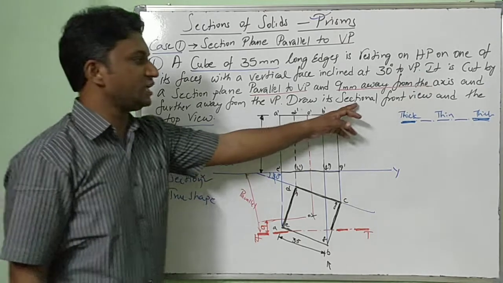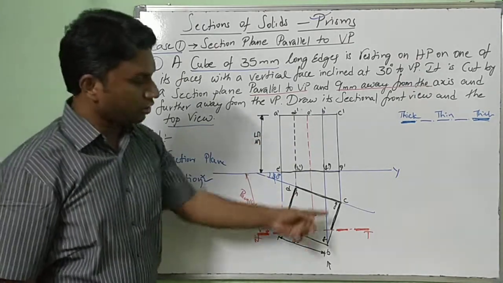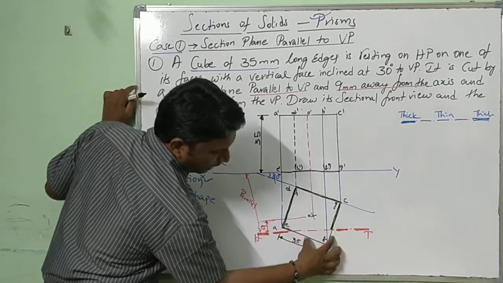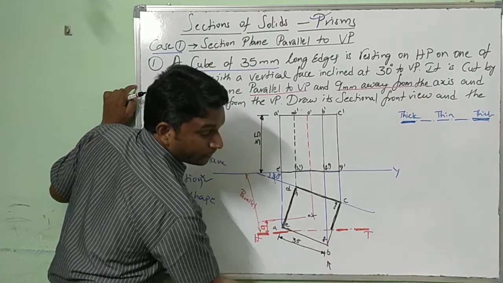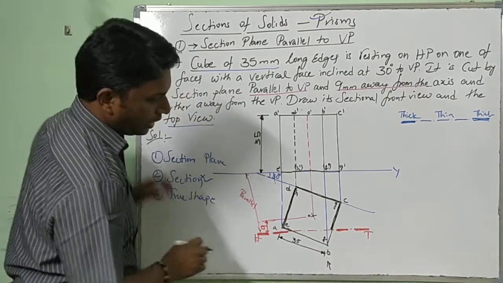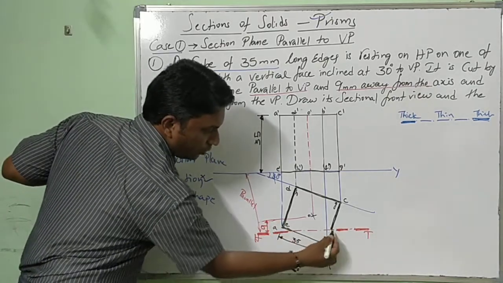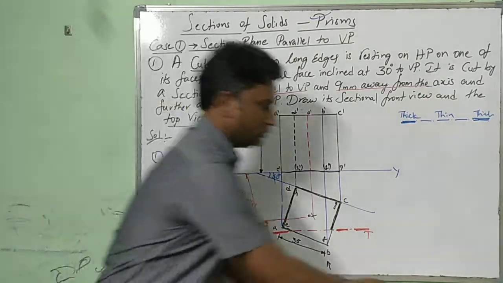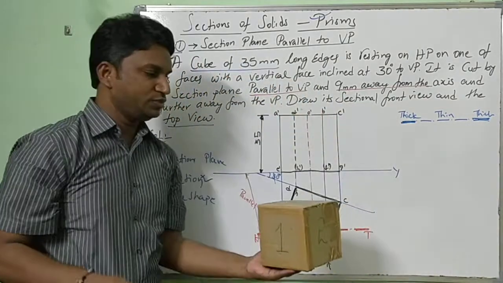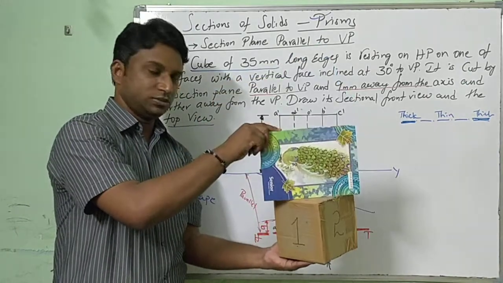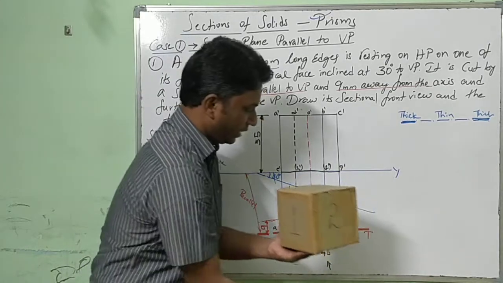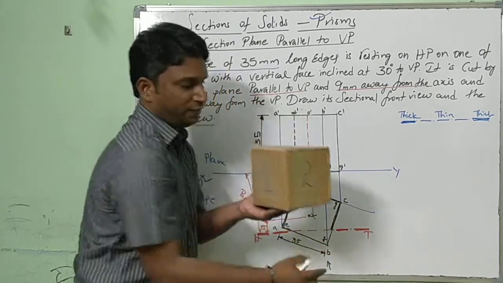Draw its sectional front view and the top view. I have drawn the top view. How to proceed to the sectional front view? See, I have cut, I am removing this portion. When I am removing this portion, I need some more points at the coincidence of the section plane and the object. See, this is the object. When I have cut, there is one vertical edge. That vertical edge is nothing but BF.